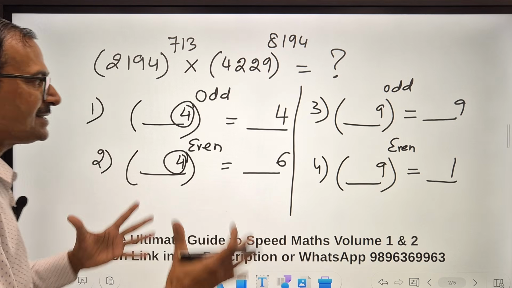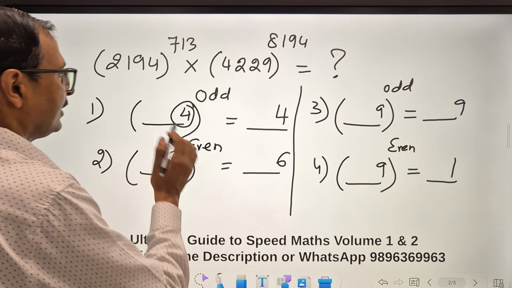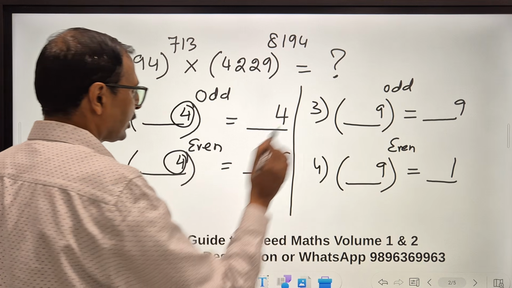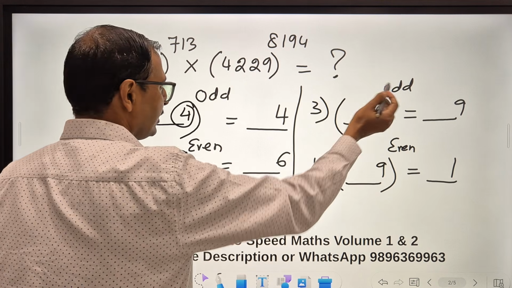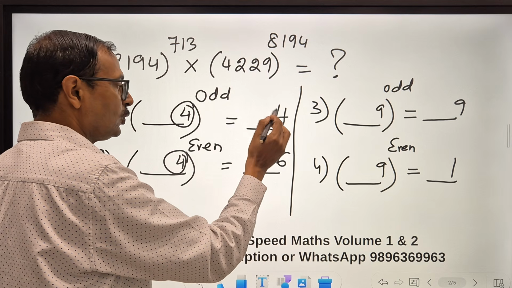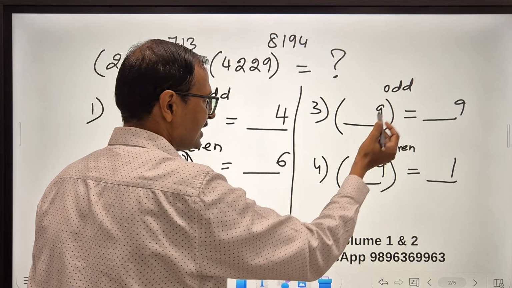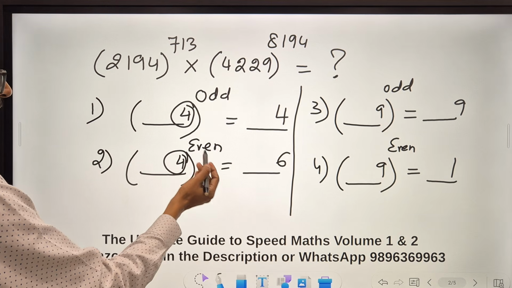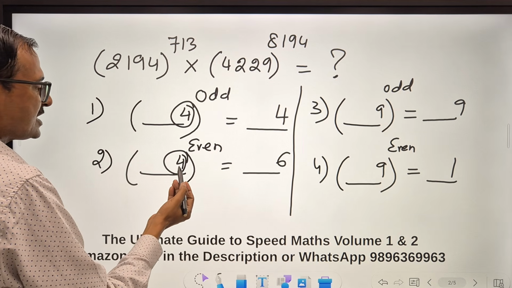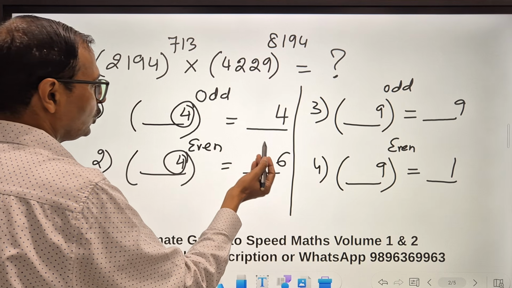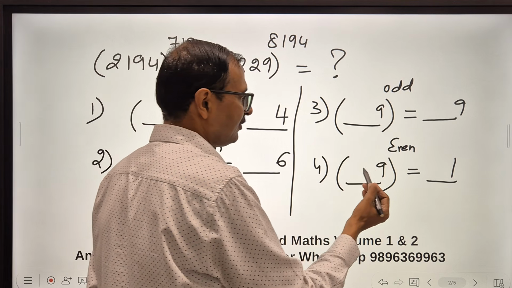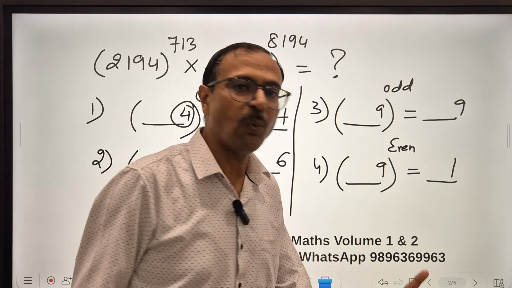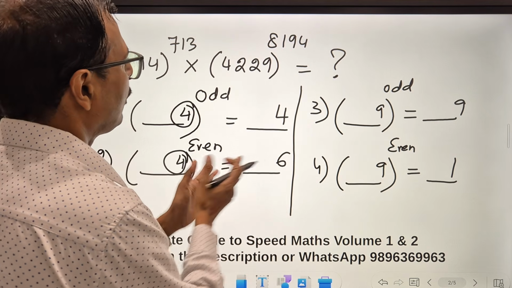So rule of 49 states that when the base is either 4 or 9 and the power is odd, then the unit digit remains equal to the base. That is, 9 remains 9, 4 remains 4. But when the power is even, the base 4 will yield a unit digit 6 and the base 9 will yield a unit digit of 1. Now this is called the rule of 49.